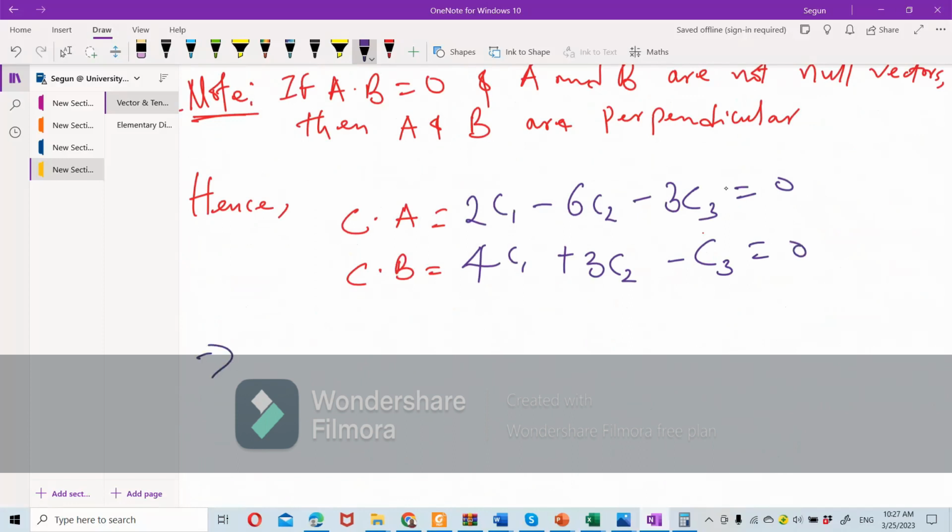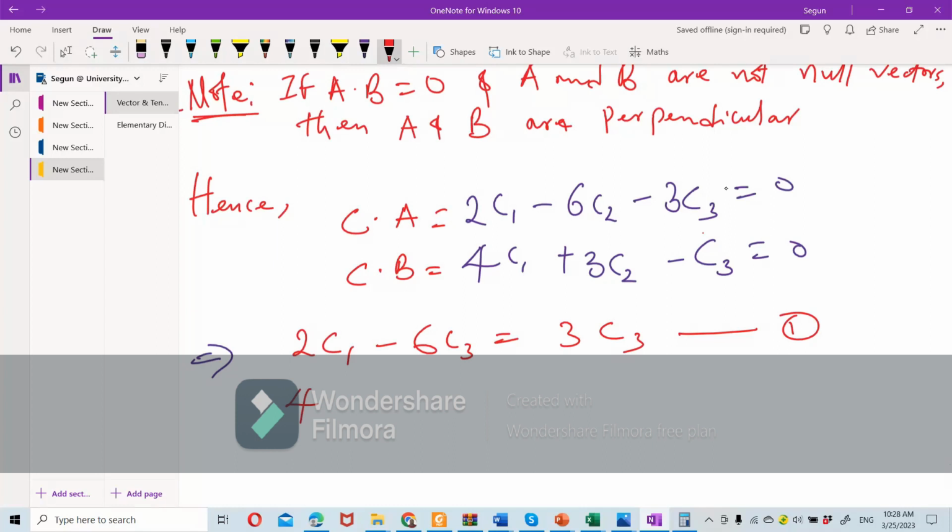And you agree with me that this is still the same thing if I want to solve this, because I need to solve this simultaneously in order to get C1, C2, C3, which are unknown. So it's going to be 2C1 minus 6C2 equals 3C3. I can call this one equation 1.